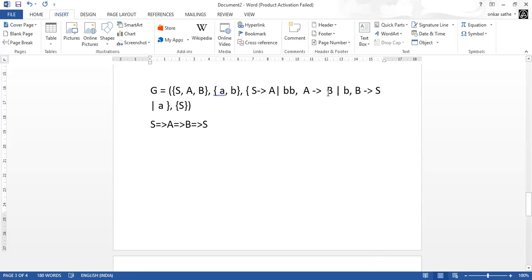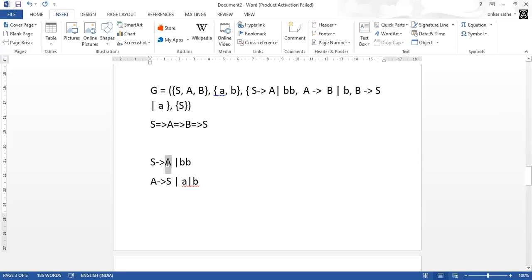Now here first we will replace this B by its corresponding productions. We will keep S as it is, that is S gives A or BB, and A gives, we will replace this B as S or A or B as it is.